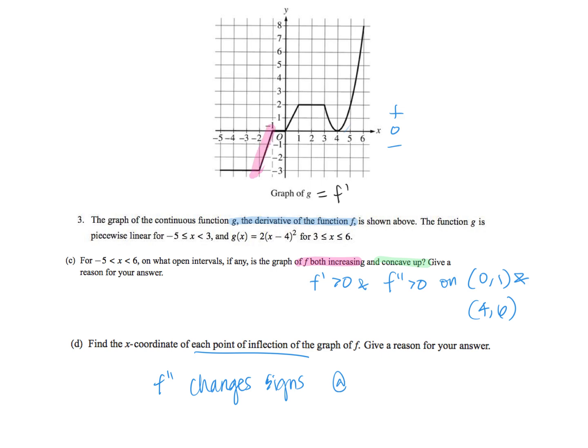Positive here. Have we changed signs yet? No. What about here, though? We go to negative, but did that happen at a point? No, there was all this time, positive, 0, to negative. There's too much time in there. But if our F double prime is negative here and positive here, do we have a point of inflection at 4? Yeah, we're going to say at x equals 4 because my F double prime changed signs.